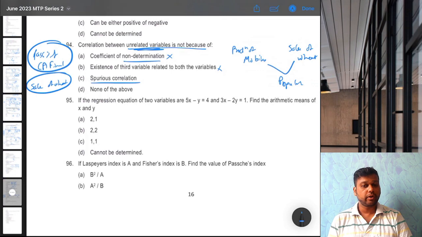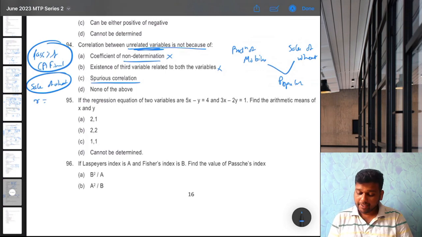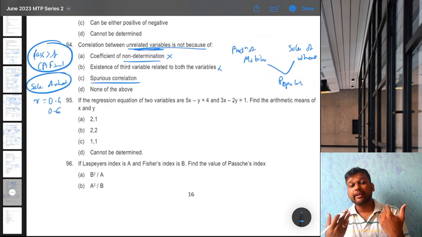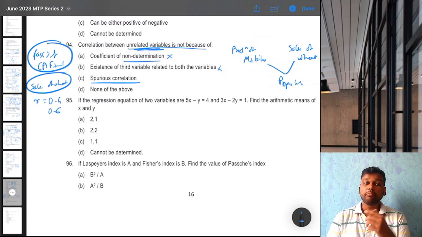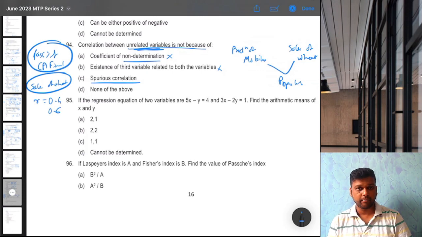Now there is no correlation between these two, right? But if we calculate r, then mathematically maybe we'll get some value like 0.4 or 0.6. In reality, it does not mean anything. It is just because of chance. So correlation between unrelated variables can be because of spurious correlation. Spurious is either because of something else or because of chance. Okay.